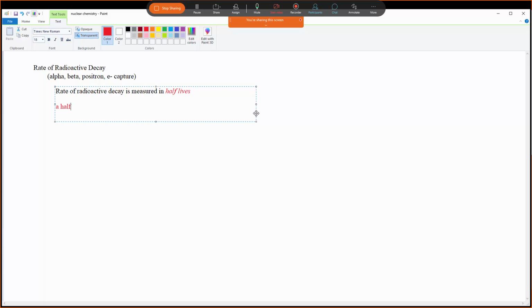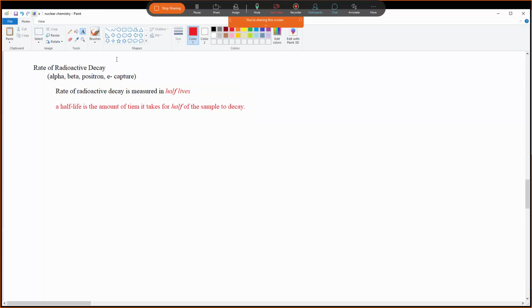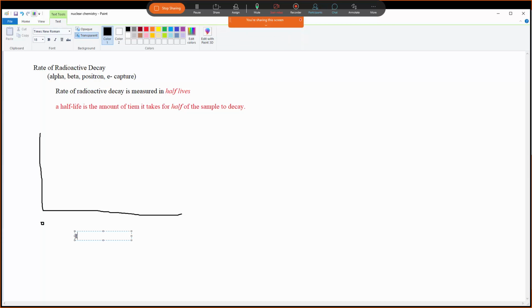A half-life is the amount of time it takes for half of the sample to decay, right? So after a single half-life, then half of that original amount is available. So we can make a chart here and say, look, at time equals 0, this is time, and this is fraction remaining.